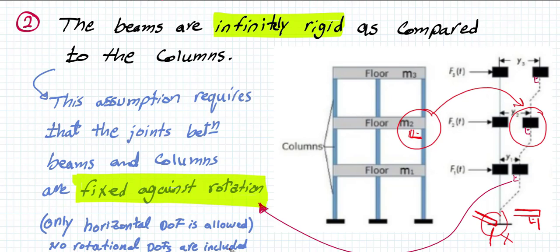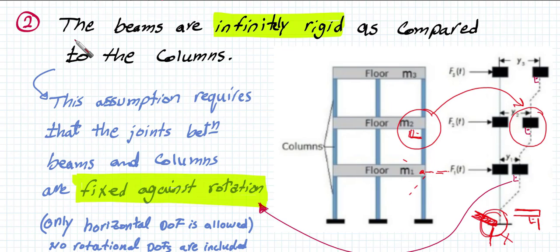We are not going to be concerned with what the rotation is at this joint. We know that rotation is 0. This means that we are going to eliminate all the equations related to describing the rotational motion. So this is a very important concept, that we are dealing with horizontal movement only.